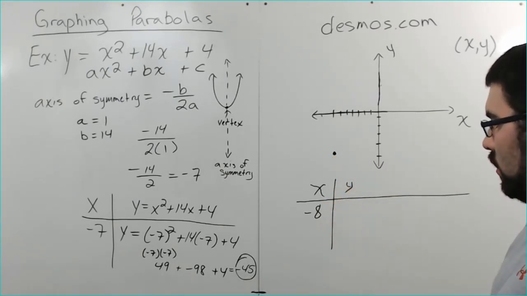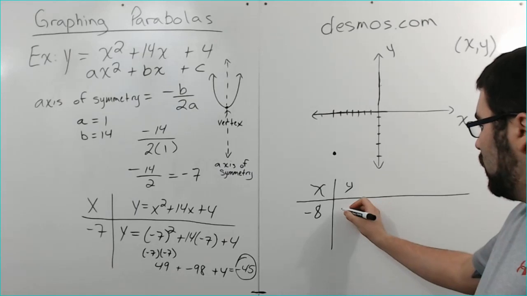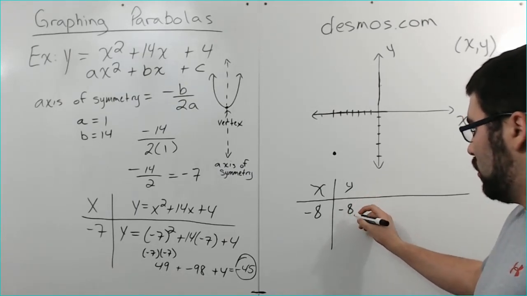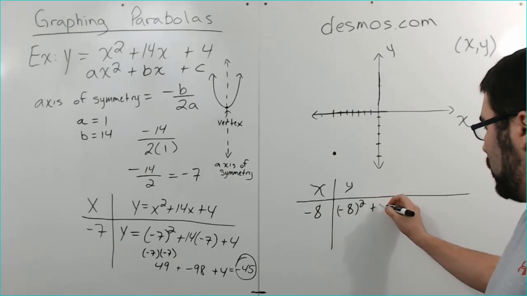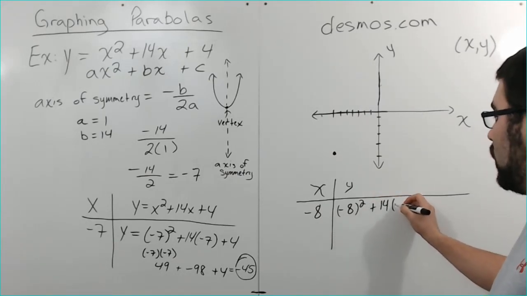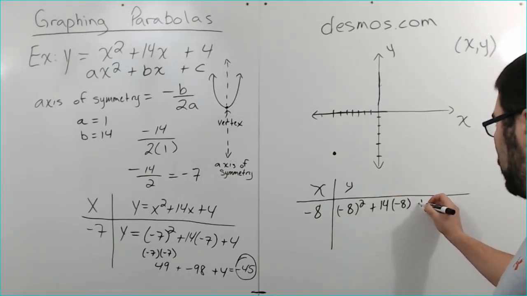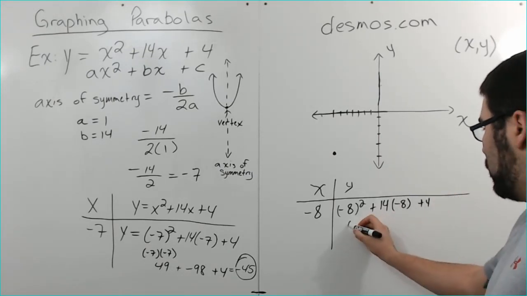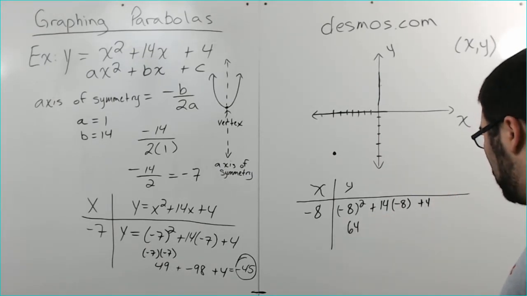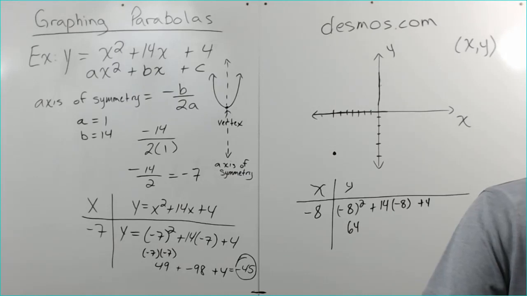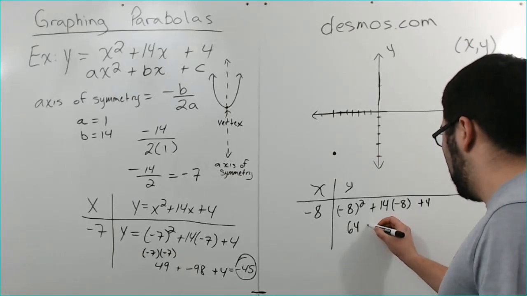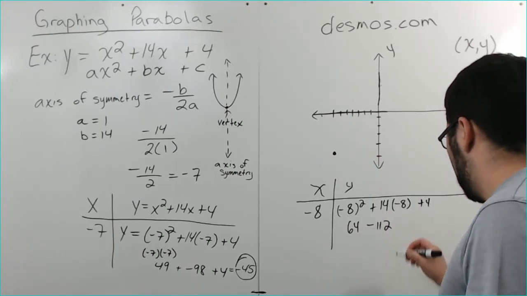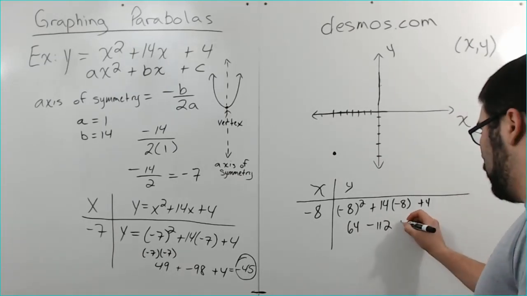So with negative 8, you have negative 8 squared plus 14 times negative 8 plus 4, which is 64. 14 times negative 8 will be negative 112. And then you still got that plus 4.